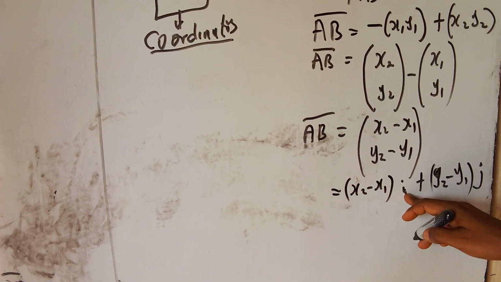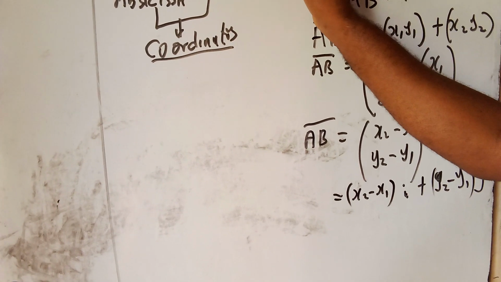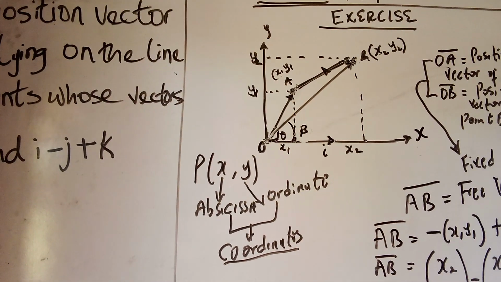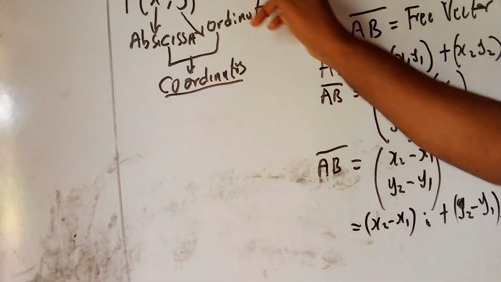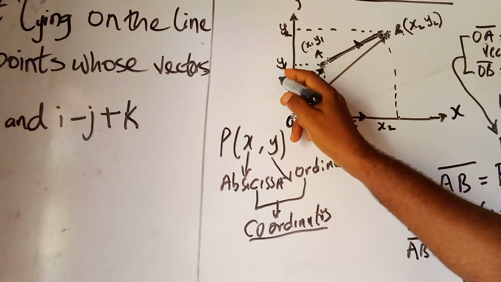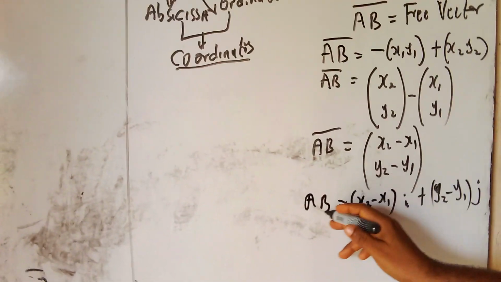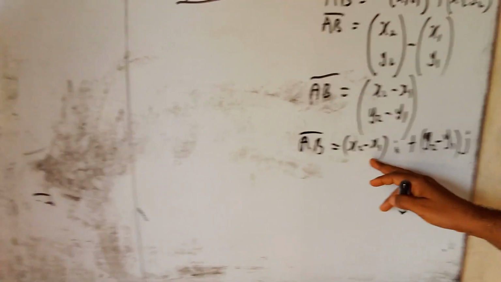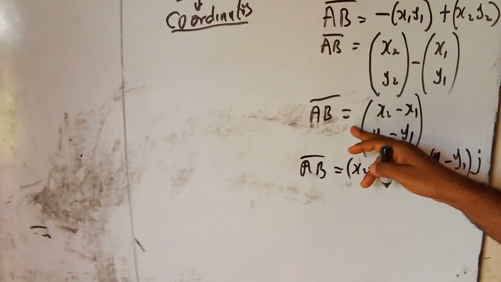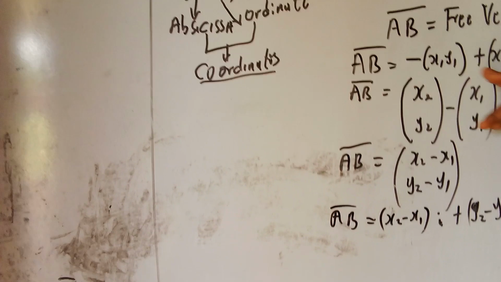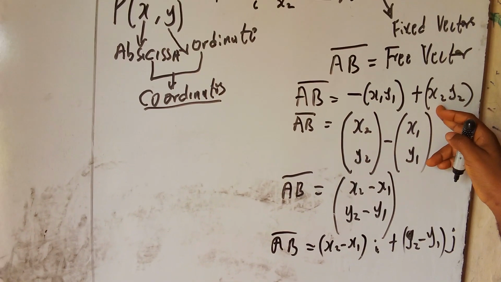Vector i is a unit vector along the x-axis, and vector j is a vector along the direction of the y-axis. So this vector AB can be written in rectangular form. What I have here is called rectangular form, and what I have here is called column form, and what I have here is more or less coordinate form.